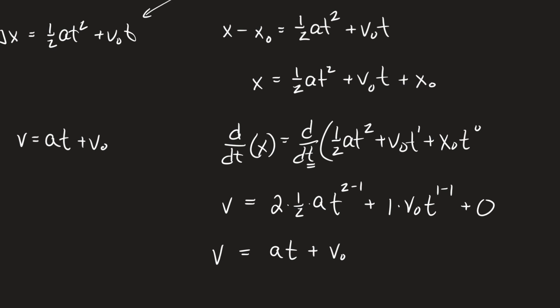This is our velocity function from our position function. Now, I know you already know this because it was sitting right here the whole time, but I wanted to give you some evidence that this clearly works, even if you don't have the theoretical background.